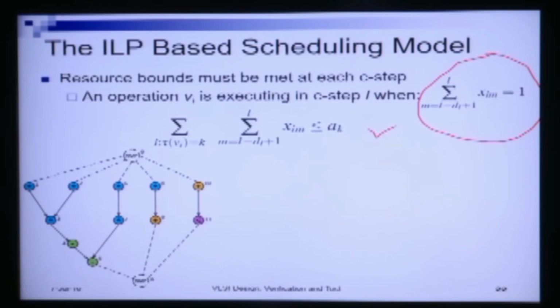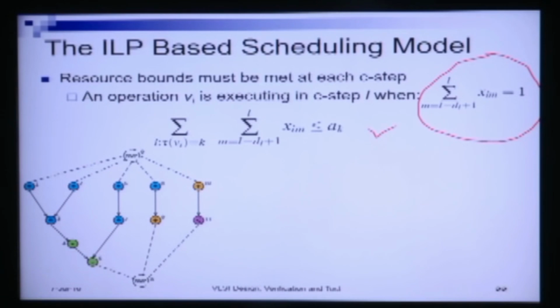What do we represent as the constraint here? Speaking again, if we have a resource of type K and we have AK resources of that type, we cannot schedule more than AK operations that need to be scheduled on this resource type at any given time step, right?